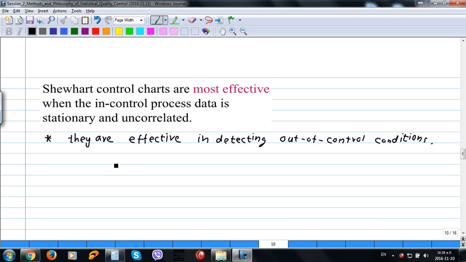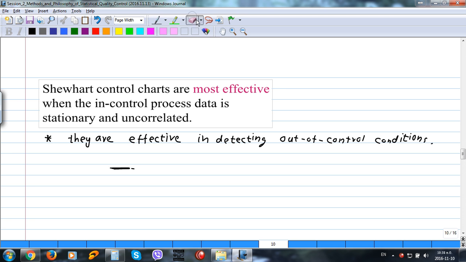Most of our discussions in the next chapters on control charts, in chapters 3 and 4, assume that the in control data are stationary and uncorrelated. So we are assuming stationary and uncorrelated data, and we are going to do the calculations.